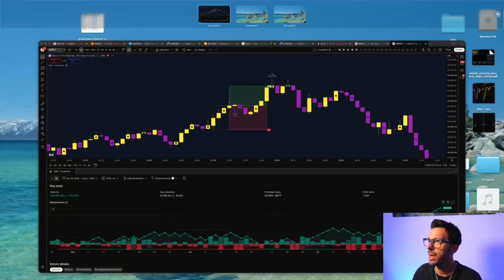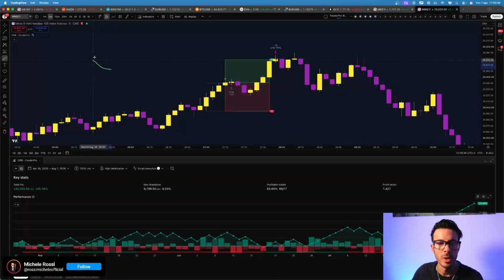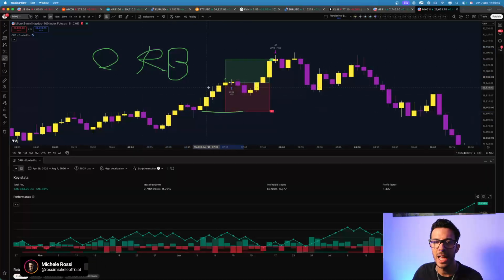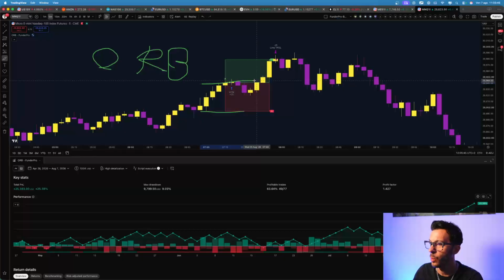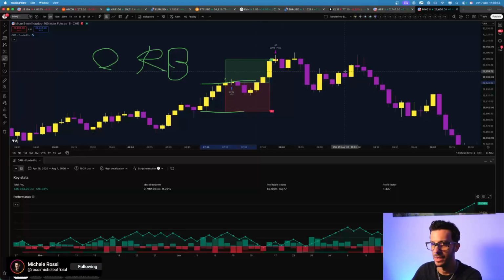So we started with an idea with the ORB. What is an ORB? Opening range breakout. So we defined the strategy with critical thinking, and we created a list of very simple if this, then that. So it's a mechanical strategy. The entry, exit, take profit and stop loss are pretty clear.